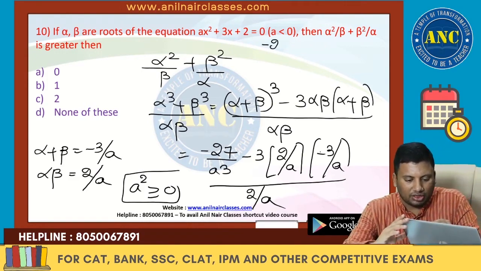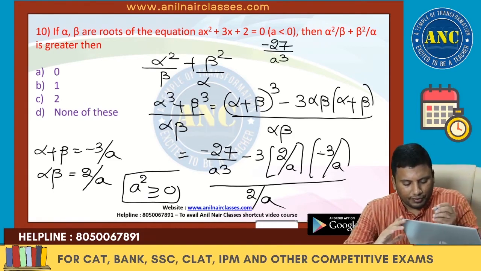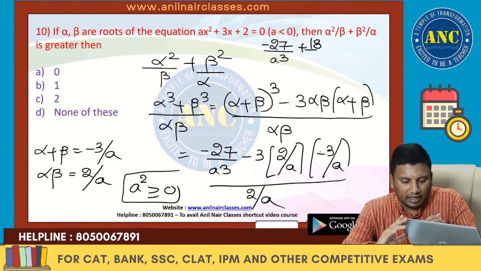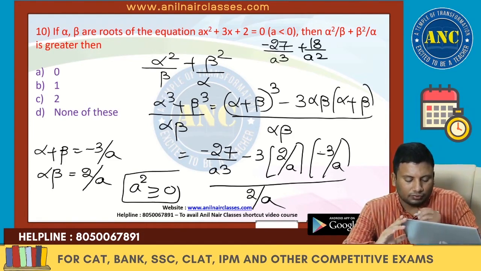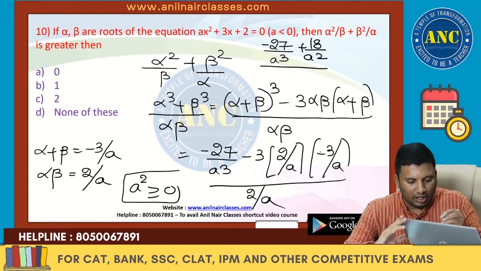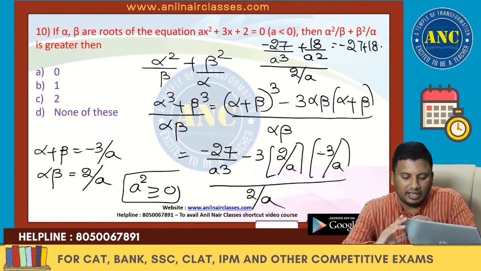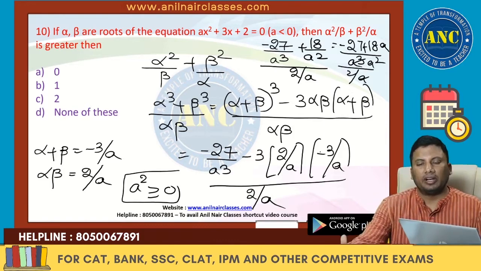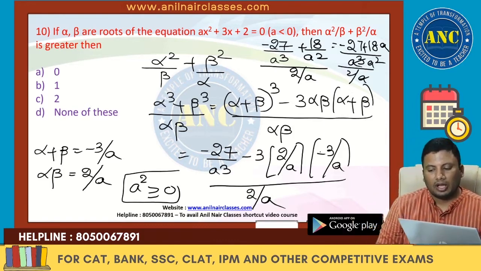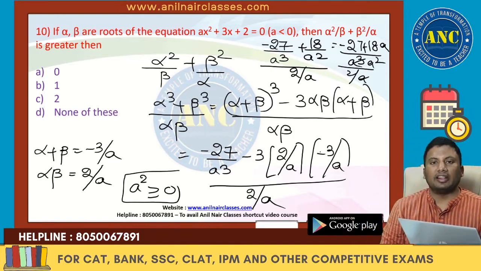So this is nothing but minus 27 by A cube plus 18 by A square, divided by 2 by A, which is nothing but minus 27 plus 18A by A cube, divided by 2 by A, which I will get as 18 square. I hope it is clear.